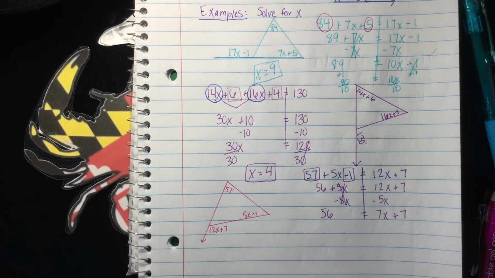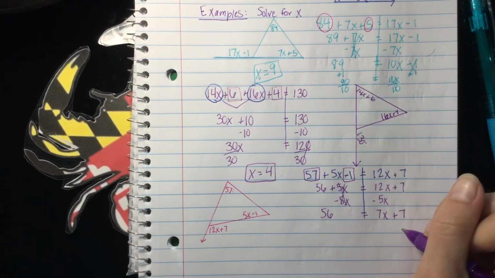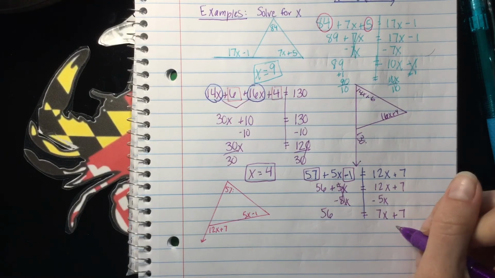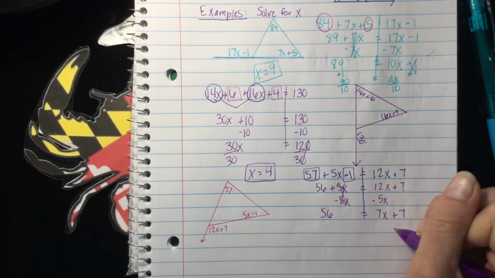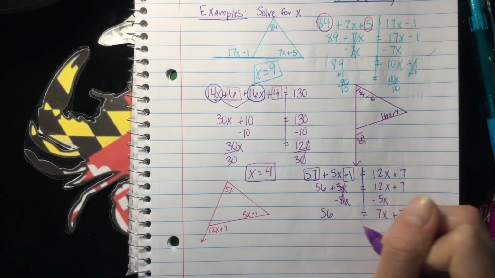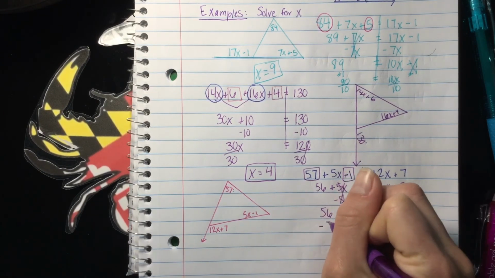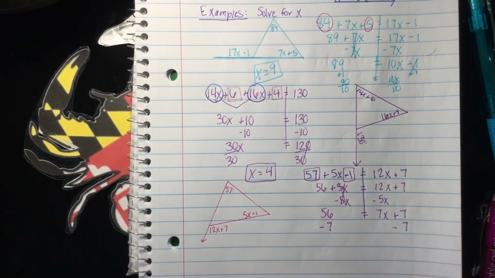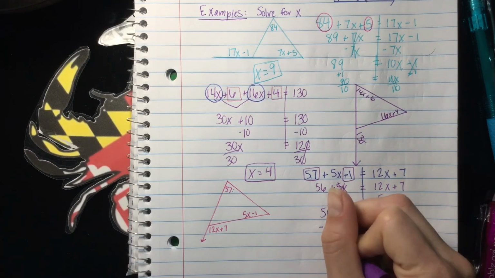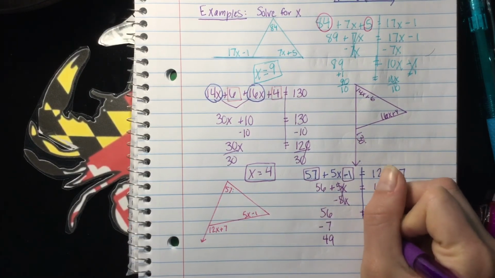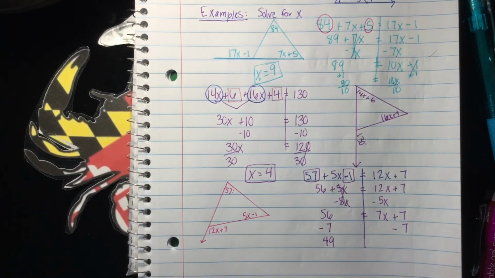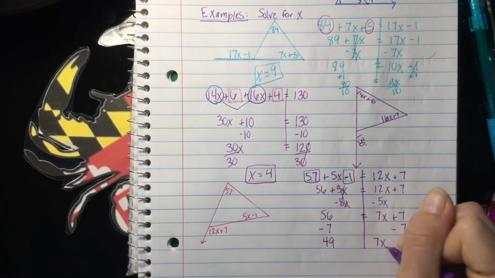All right, so we find the side with a variable, find the number not attached to the variable, and perform the opposite operation. So minus 7, whatever I do on one side, I also do to the other side. So I've got 56 minus 7, if you want to use your calculator, check me, but I know it's 49. Keep my line going. So 49 equals 7x.